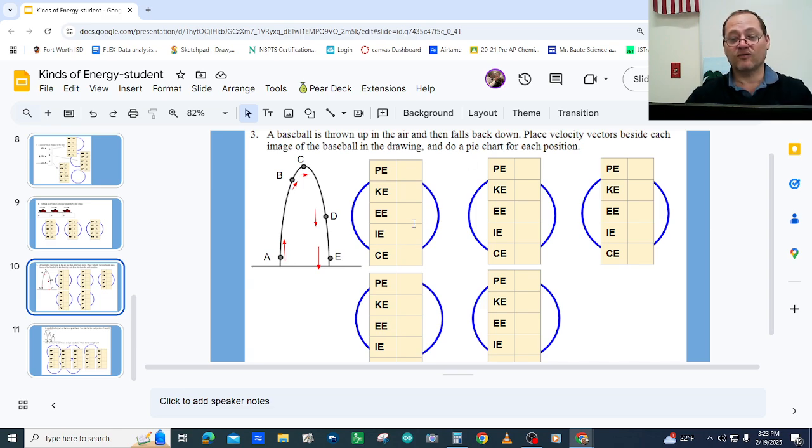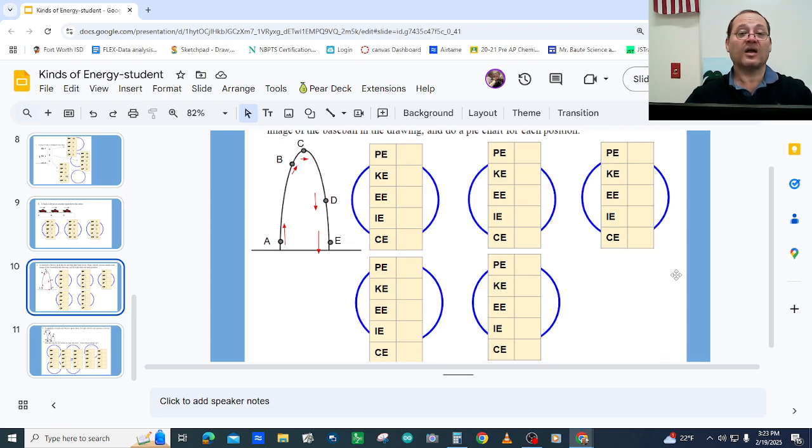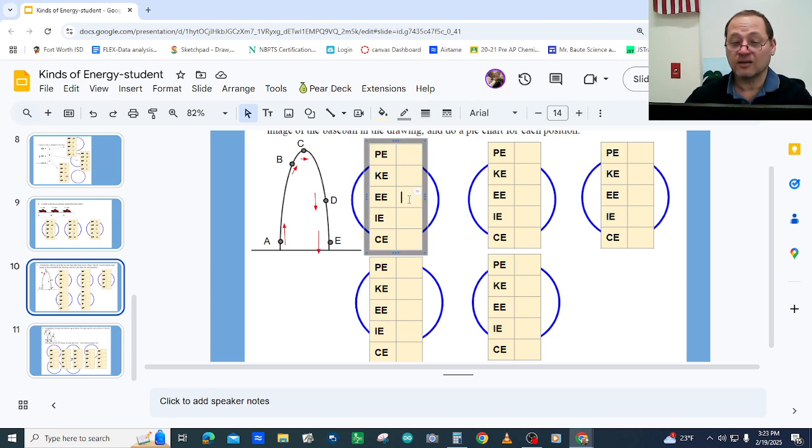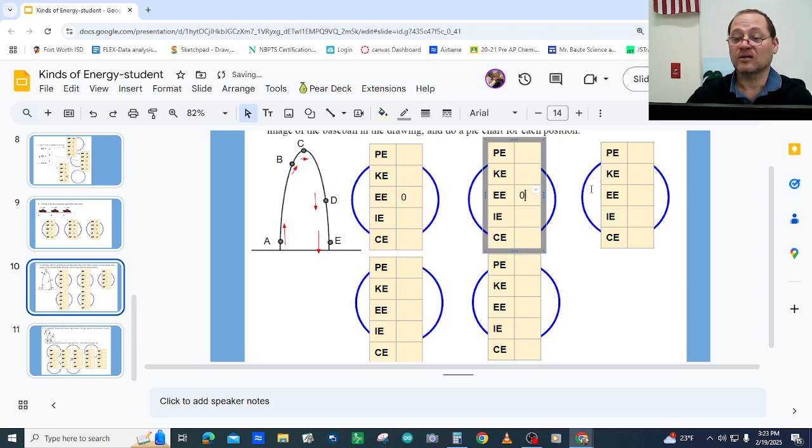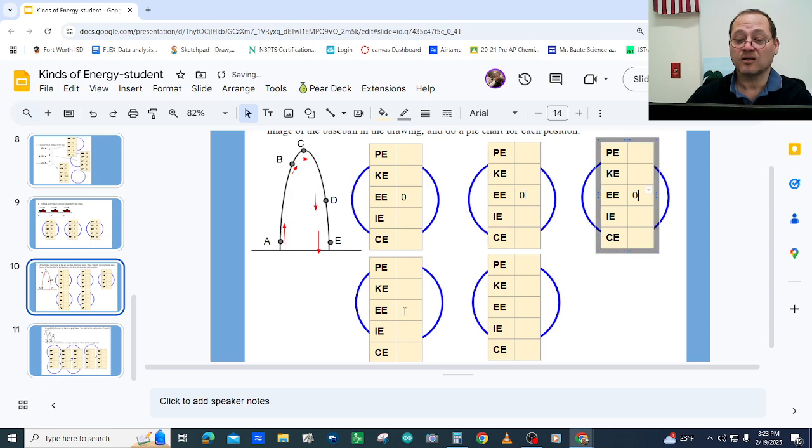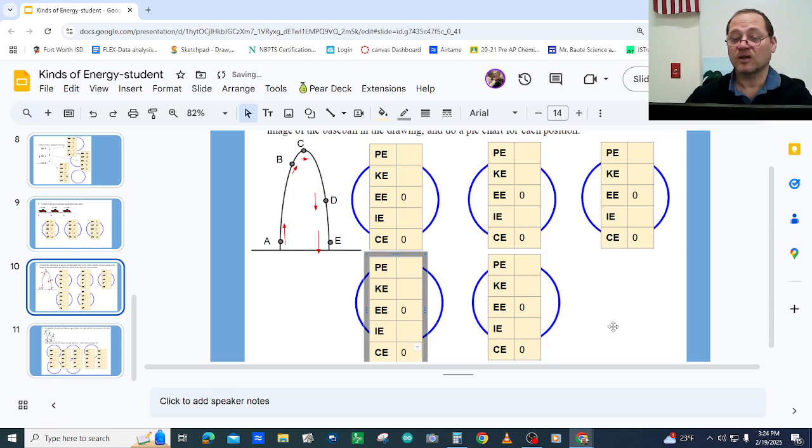All right. So we need to reflect that in these 5 points: A, B, C, D, and E. At any moment, the ball is not burning, or compressed or stretched. So we can set the elastic energies and chemical energies to 0. They're not part of this process. To simplify, you always try to see what you can discard.